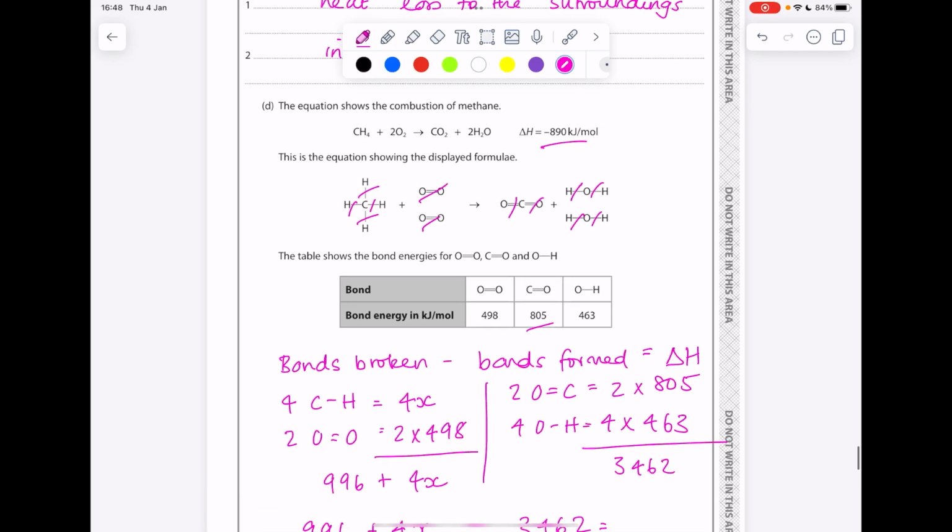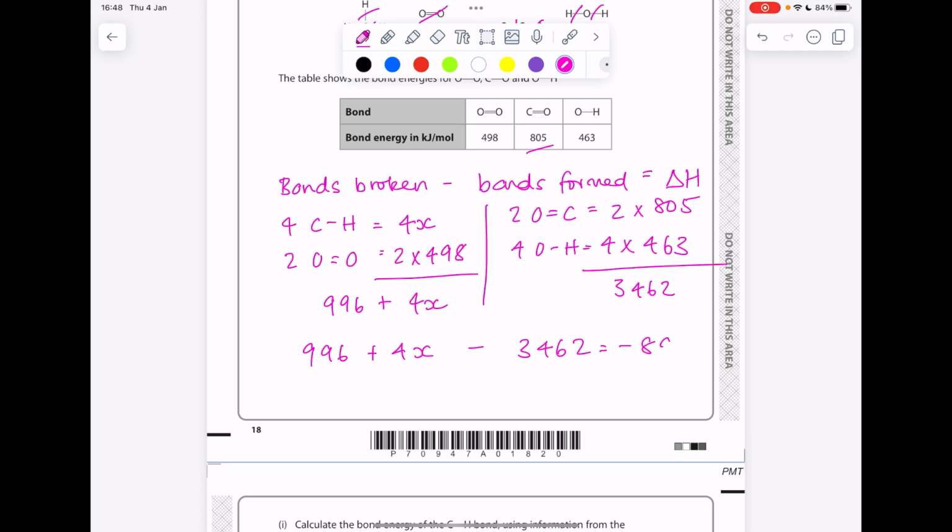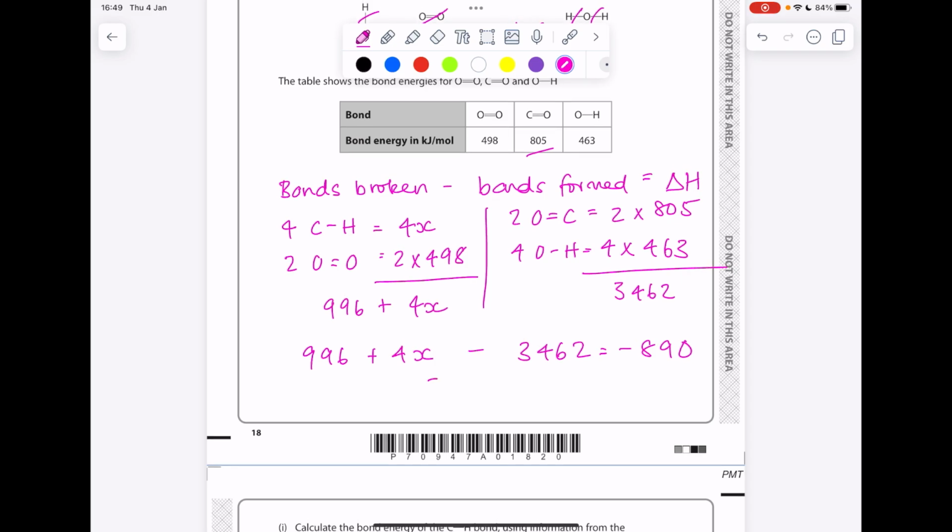Equals, we've been given delta H, minus 890. So now just solve it. 996 minus 3462 minus 2466 plus 4x equals minus 890.